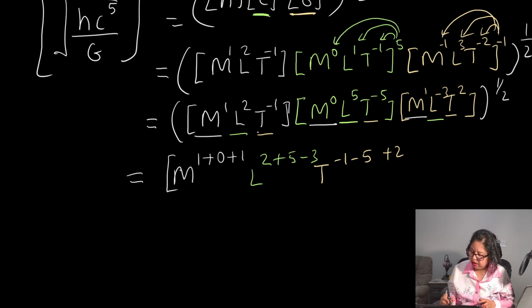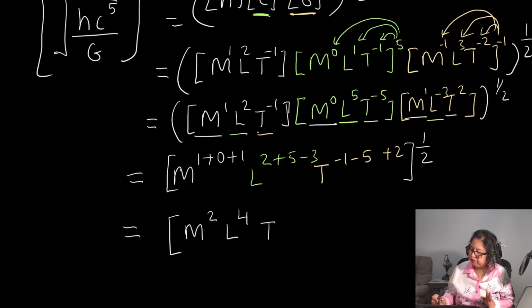Then I have these square parentheses to the power 1/2. What does this give me? M to the power 2, L to the power 2 plus 5, 7, 7 minus 3, 4. T to the power minus 1 minus 5 is minus 6 plus 2 is minus 4.